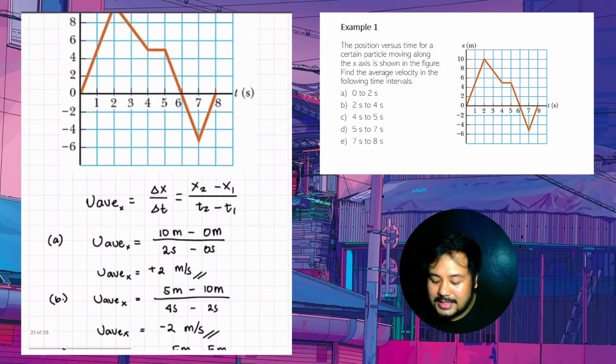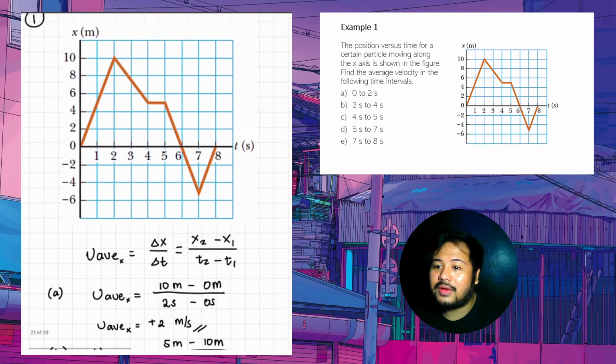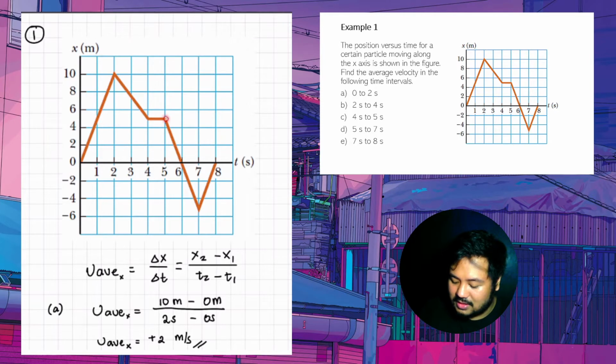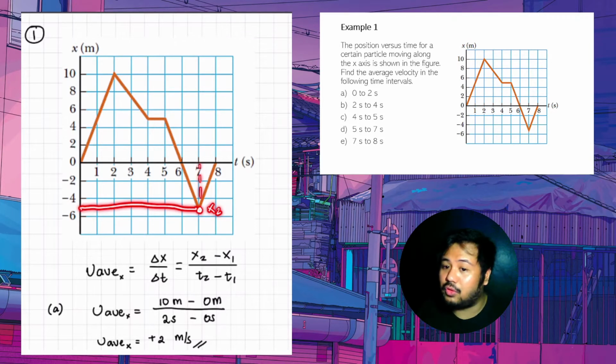For letter D, you are to find the average velocity from 5 seconds to 7 seconds. From this point at 5 seconds to 7 seconds, this will become your x1, that is 5 meters, and this will become your x2, which is in between -4 and -6, so -5.